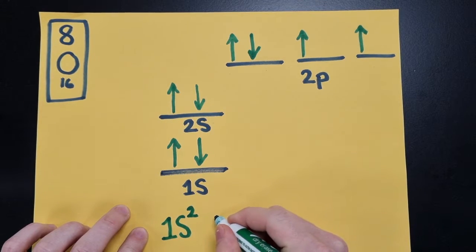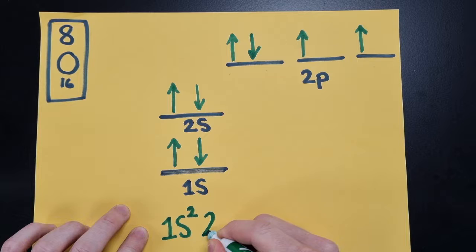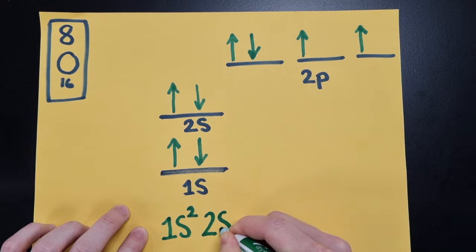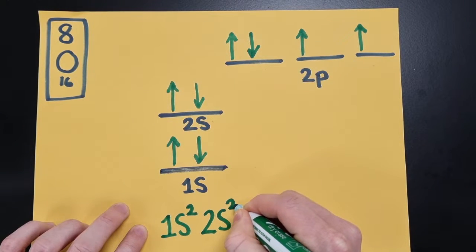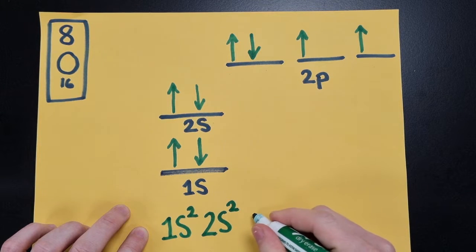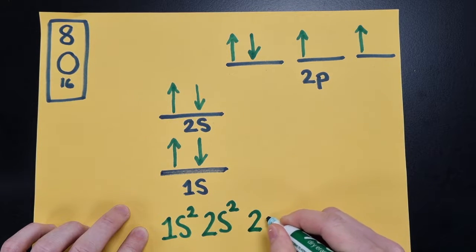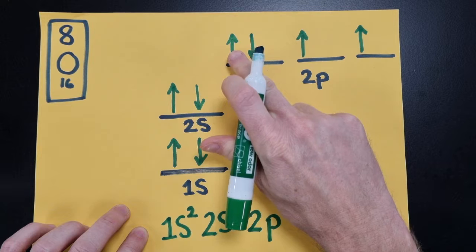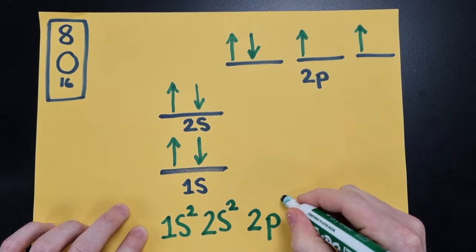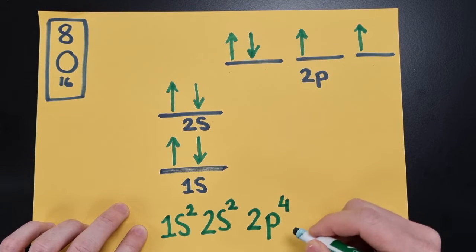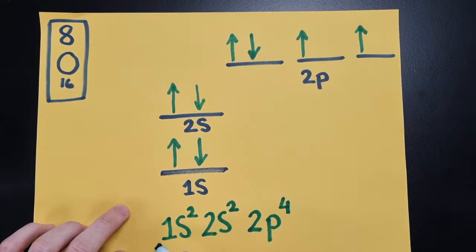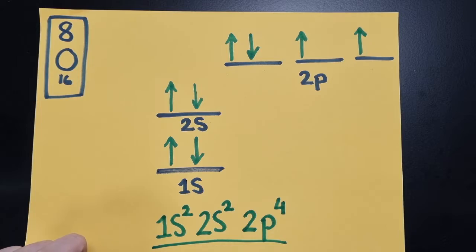Notice how we did the same for 2s, with the power of 2. Now in 2p, we had 1, 2, 3, 4, so our power would only be 4. Essentially, this would be the answer that you write in your test.